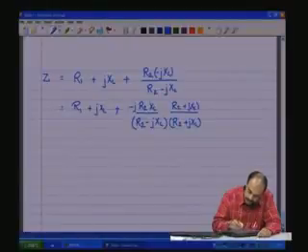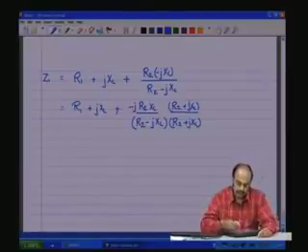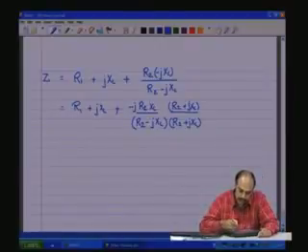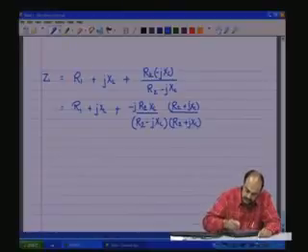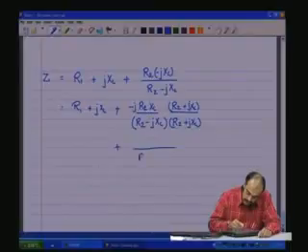This is an algebraic manipulation, so that we try to eliminate this. So, if you see this, this will be R2 square minus j square XC square, all other terms cancel, and therefore, we have here R2 square plus XC square.